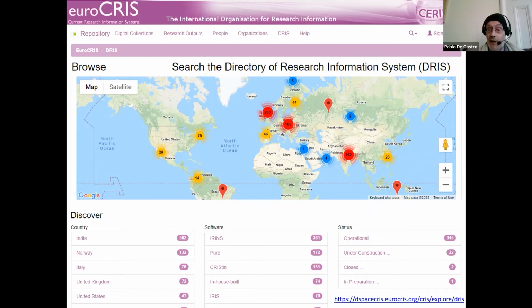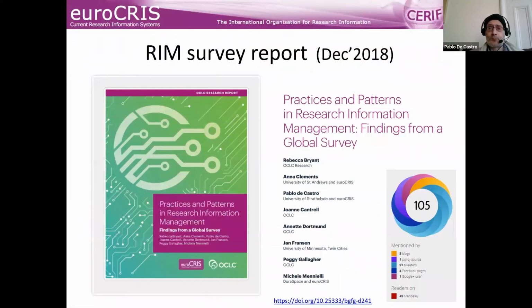You can see IRINS as the most popular software solution, followed by Pure from Elsevier, which is the one we run at Strathclyde University, my university in Glasgow, followed by Christine, and a very large number of in-house built CRIS systems. You can explore further this map and this directory by clicking on the URL at the bottom of the slides. The slides, incidentally, will be shared after the presentation.